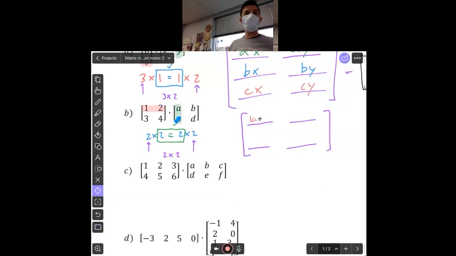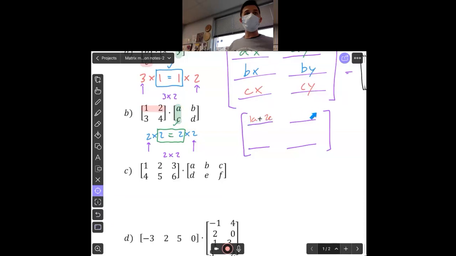I move down, C. So 2 times C. So 1 times A plus 2 times C. My first row and my first column give me my first row, first column spot. All of that has to go there. All of that is from the first row and first column interacting. There they are. There's nothing left in that row to multiply anything left in that column. So that spot is done.